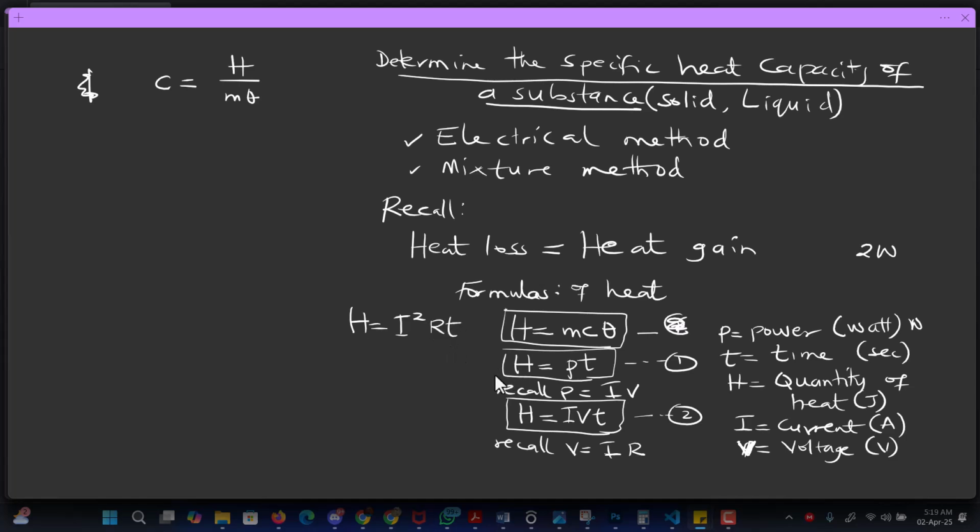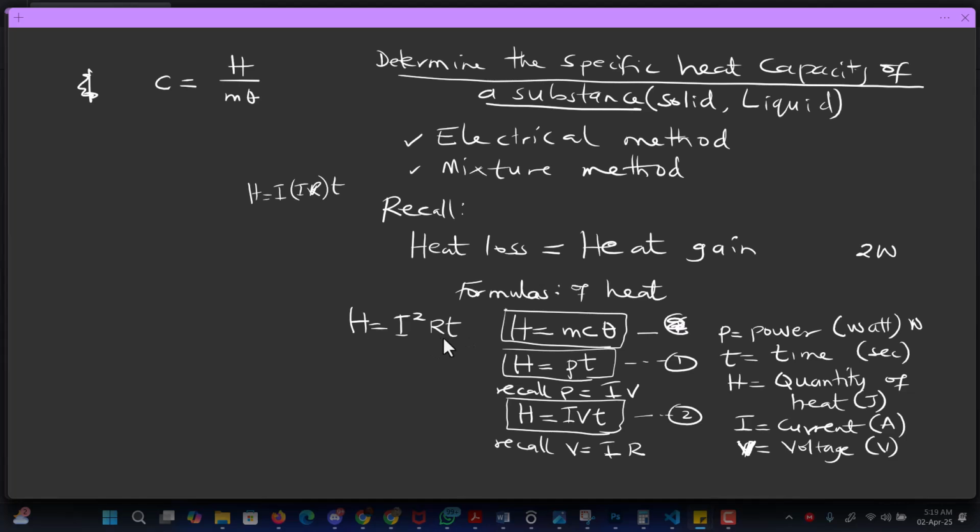So H is equal to I squared RT. This is one of the formulas that I'm having now. Remember, I removed this V and placed IR.